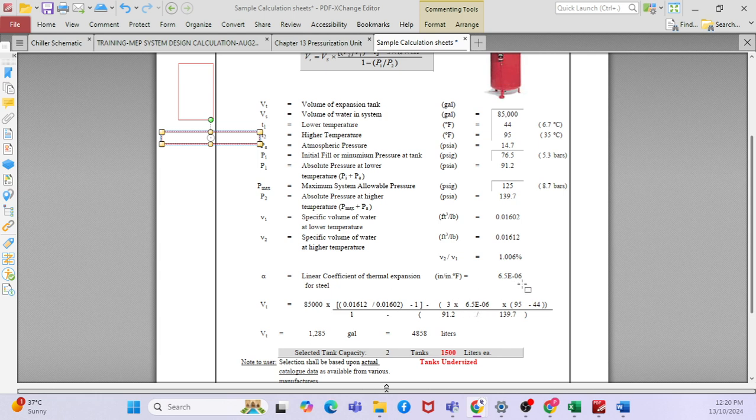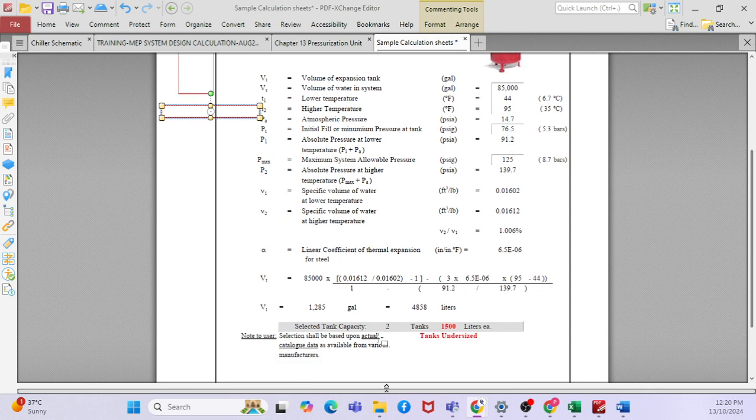Alpha is 6.5 times 10 to the power minus 6, multiplied by delta t. The delta t will be 95 minus 44, divided by 1 minus the pressure, where the maximum pressure will be 91.2, divided by P1 by P2 basically.